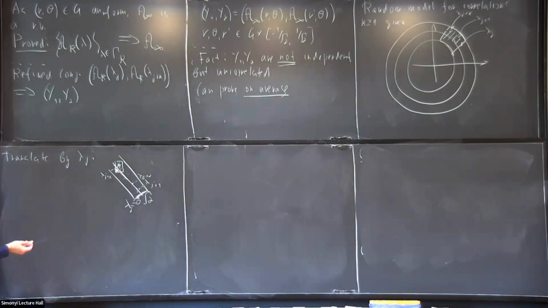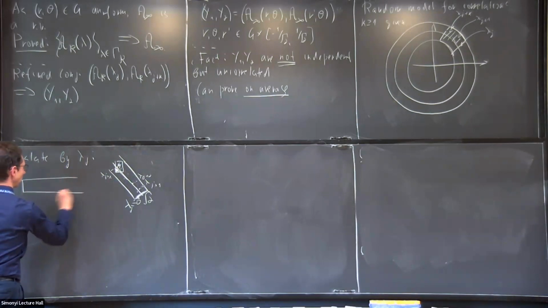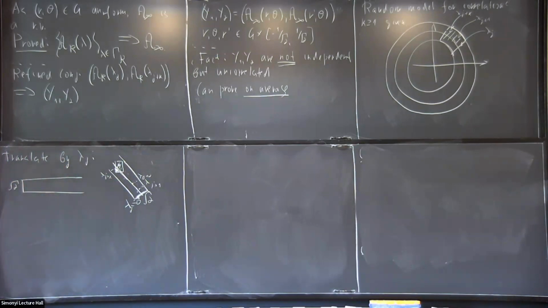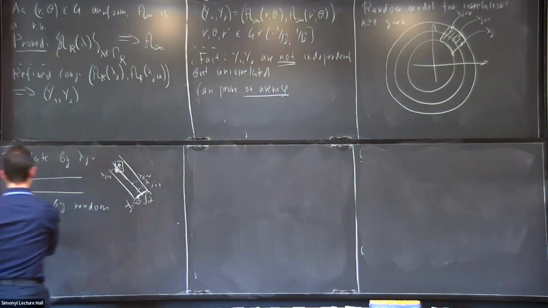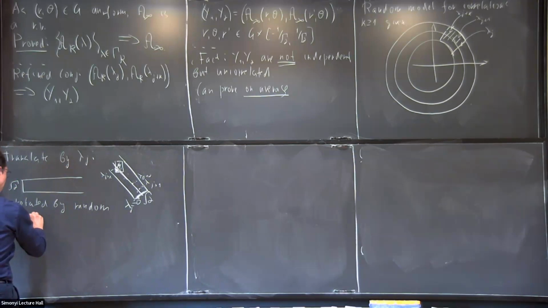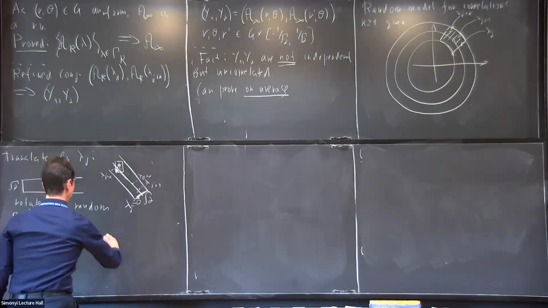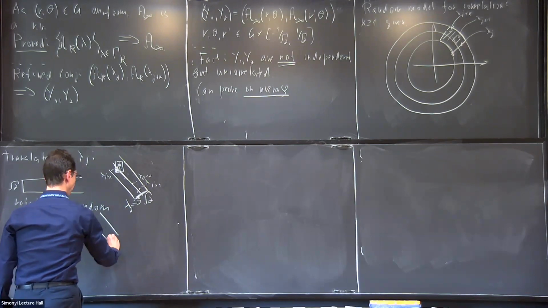So let me just summarize. What we did, we took a rectangle. We rotated it by a random angle, so that it becomes something like that.